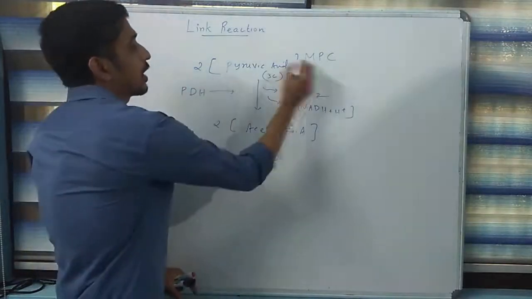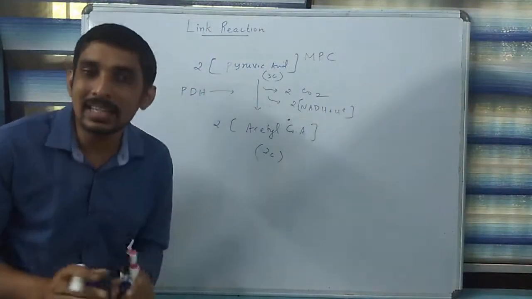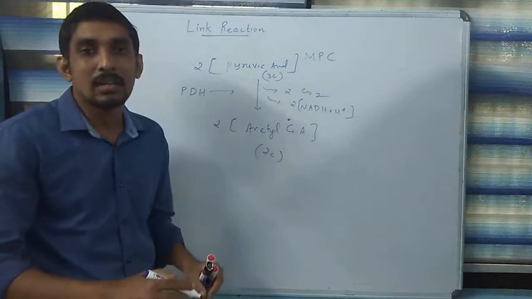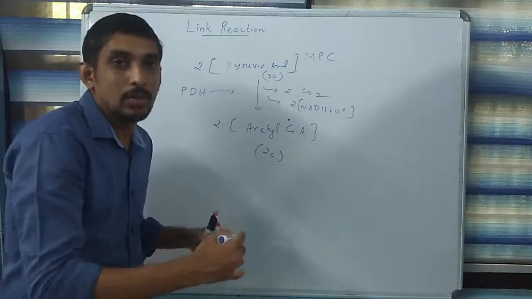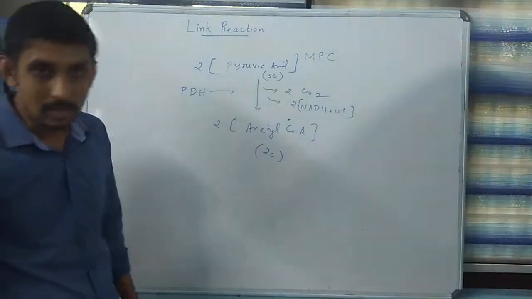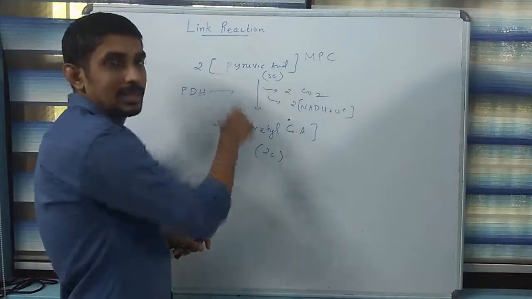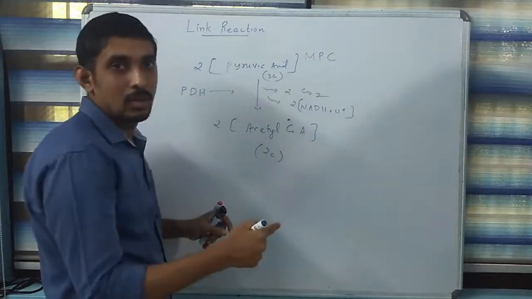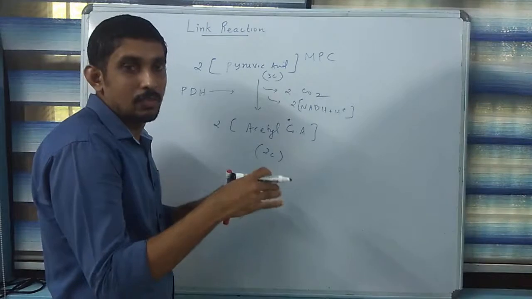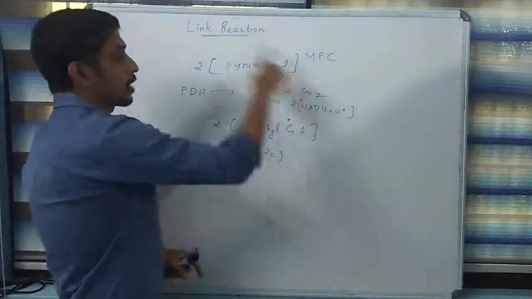So that glycolytic product, pyruvic acid, cannot directly enter the next stage of aerobic respiration, that is the Krebs cycle. In order to enter the Krebs cycle, which is going to take place within the mitochondrial matrix, we need a special kind of reaction.